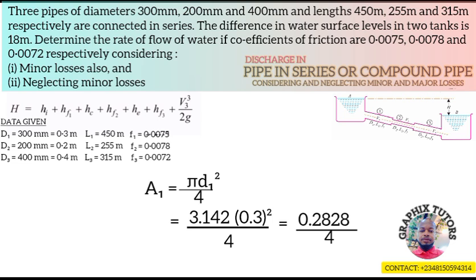The area at pipe 1 will now give me 0.070695 meter squared. So I'm going to put it at my A sub 1.